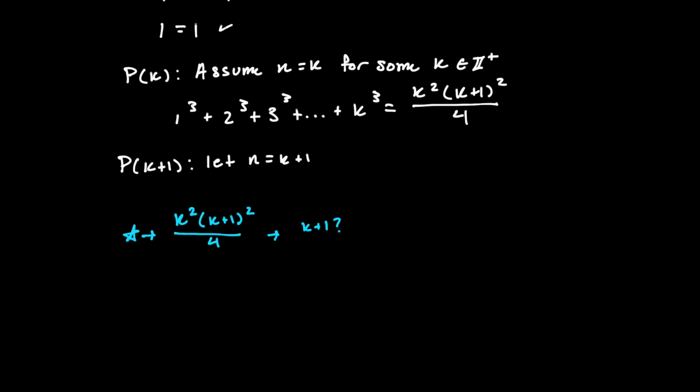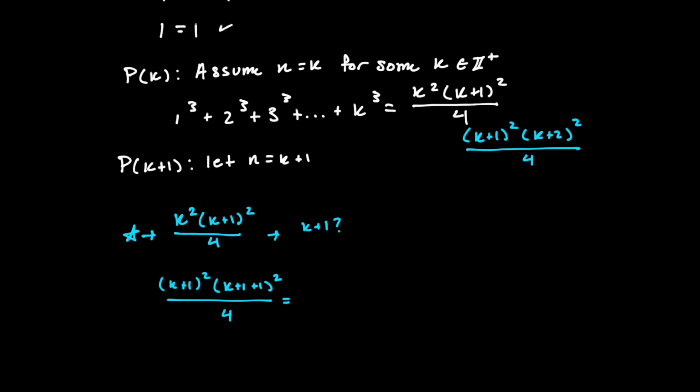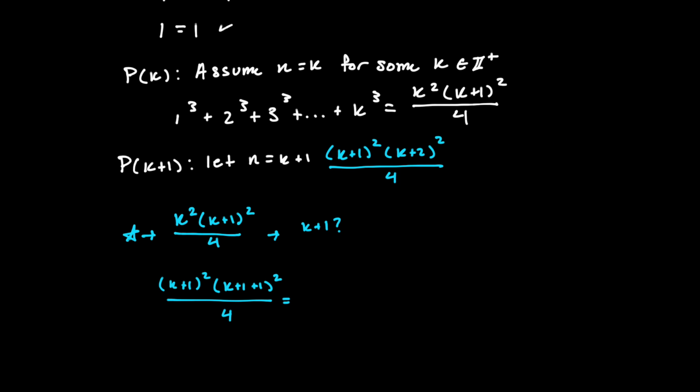So for all of the k's we have here, sub in k plus 1, and what we get after that is what we should hopefully get after assuming n is equal to k plus 1, right? So through a bunch of algebra, combining like terms, factoring in general, we are hoping to end up with a statement that looks like that. I'm going to keep this up here in the corner as a reminder of what I want to end up with.